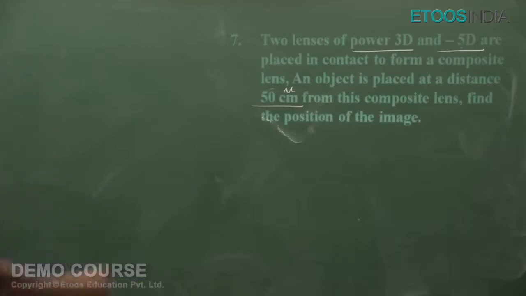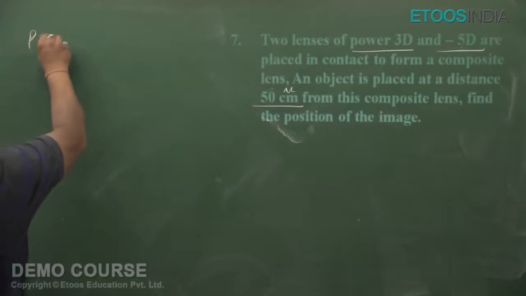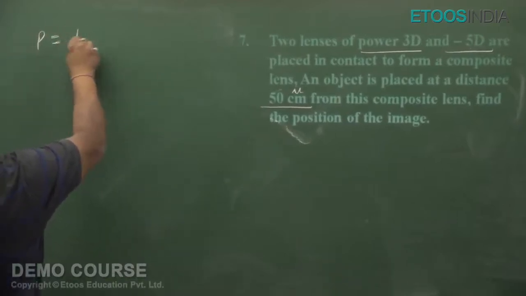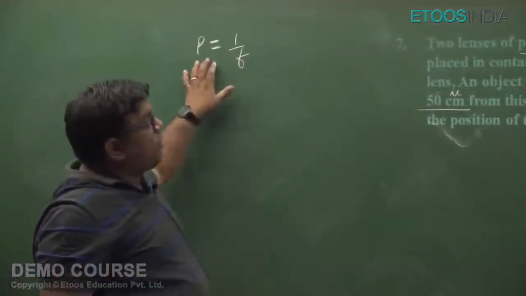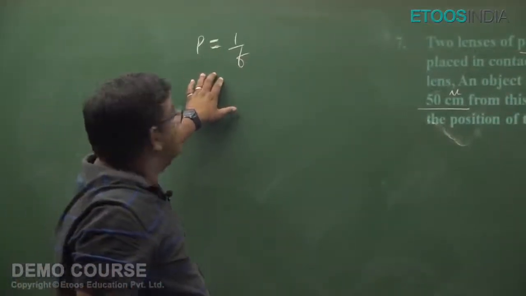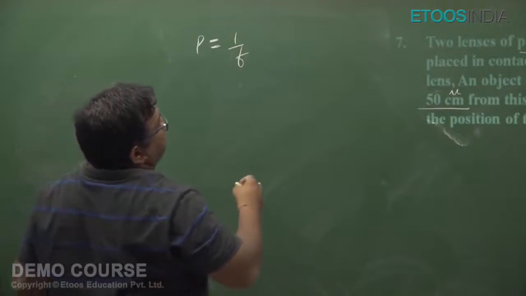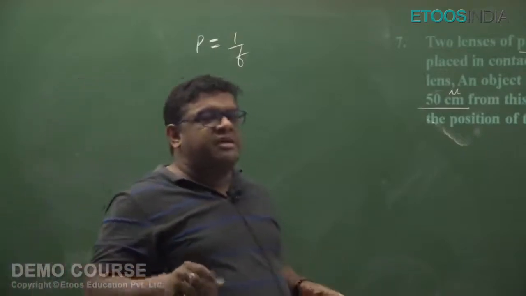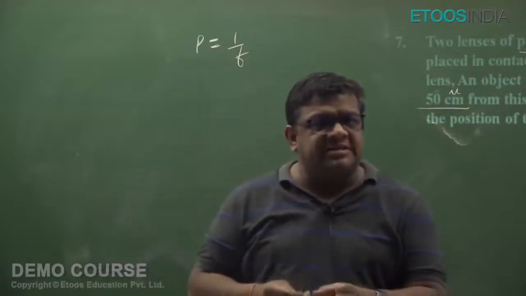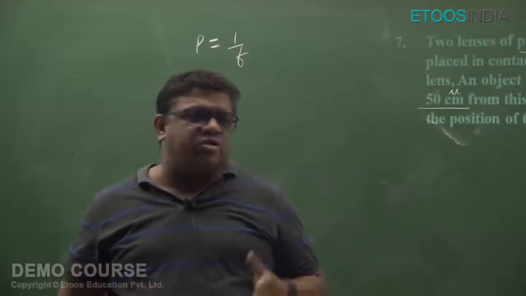First of all, let's see the relation between power and focal length. We all know that power is equal to 1 upon f. Am I clear? So let me find out its focal length first. When it is with positive sign, it is a convex lens. When it is with a negative sign, it is a concave lens.